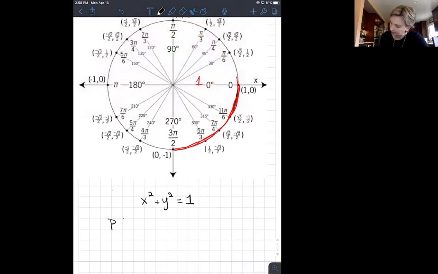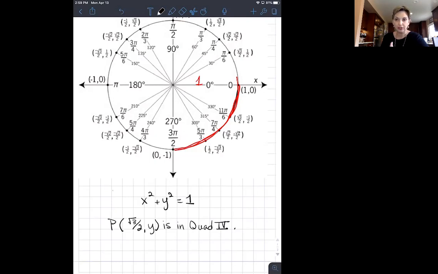Let's say our x coordinate is square root of 3 over 2, but we don't know the y coordinate, and we're told that it is in quadrant 4. So we have a point in quadrant 4, it's on the unit circle, but I don't know the y coordinate.